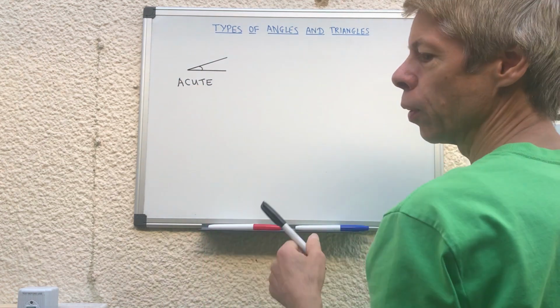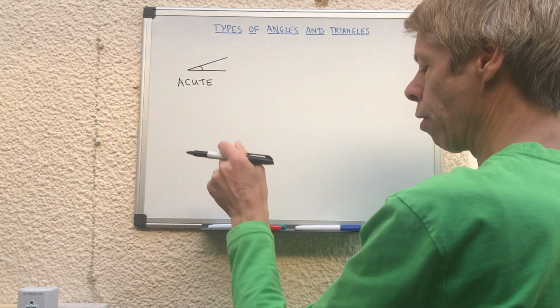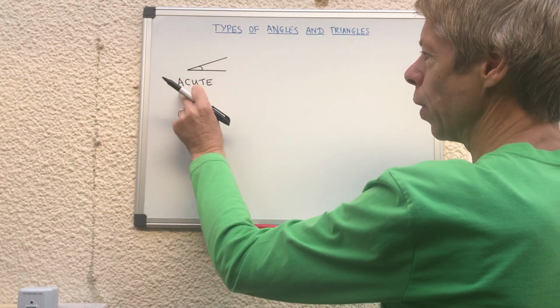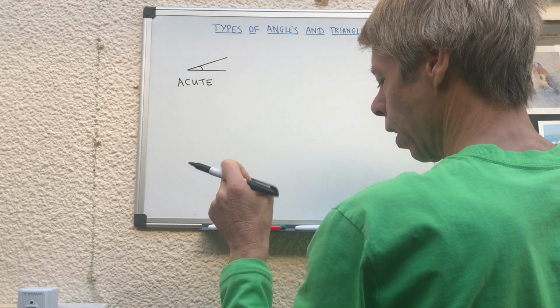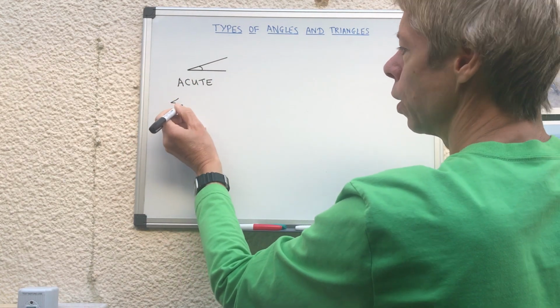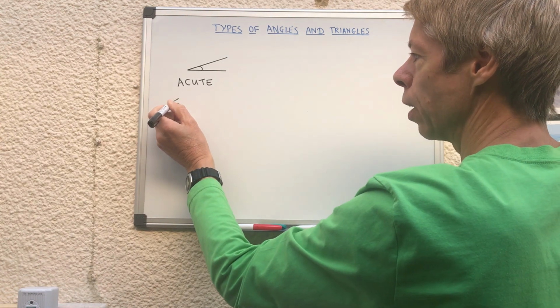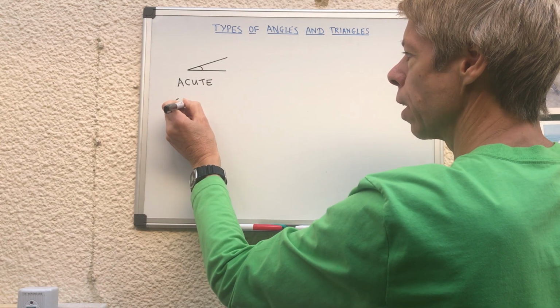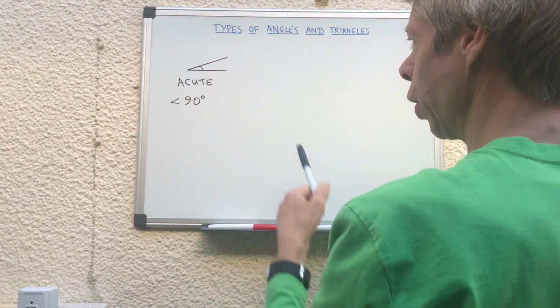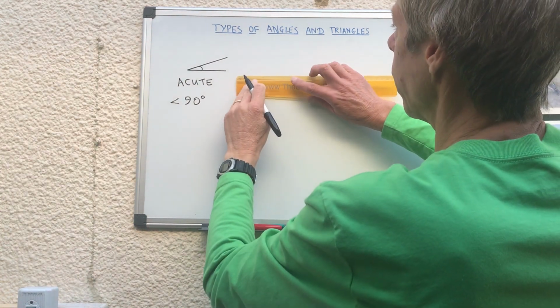So this is an acute angle. One way of remembering it is to say that it's small and cute, so it's acute. The definition is that it's less than, hopefully you will know that symbol means less than, 90 degrees. So the small acute angle is less than 90 degrees.